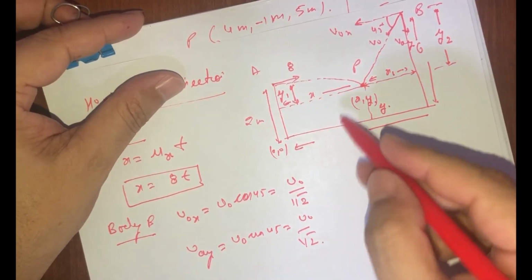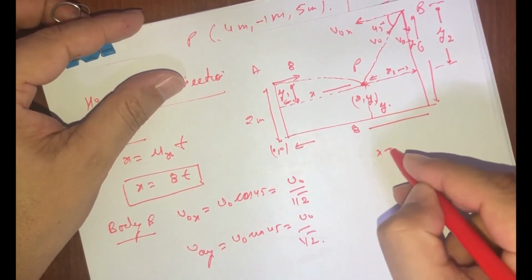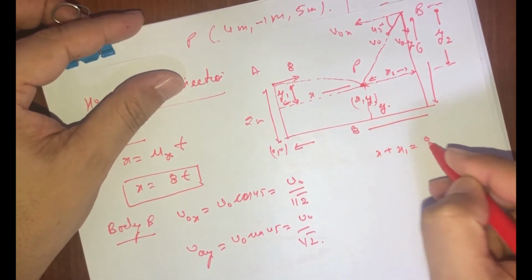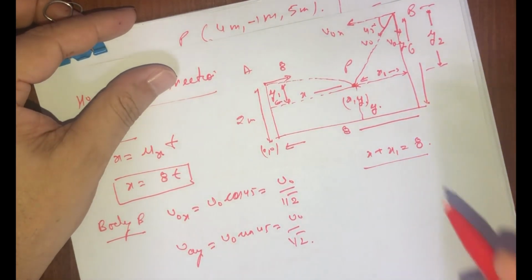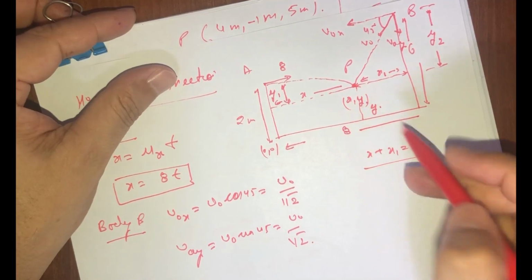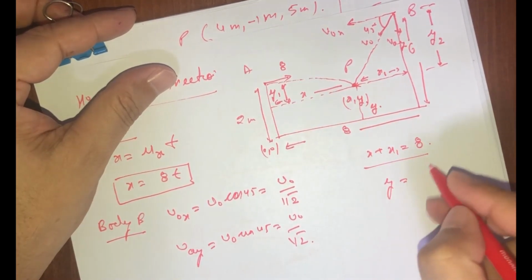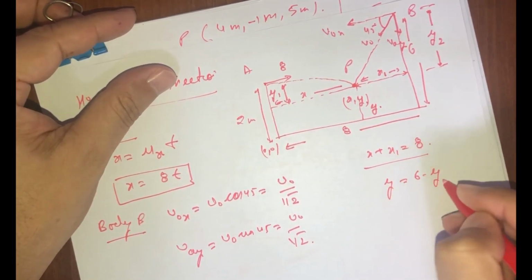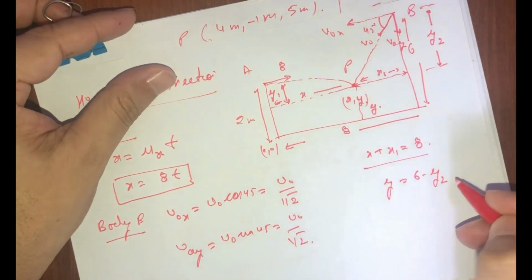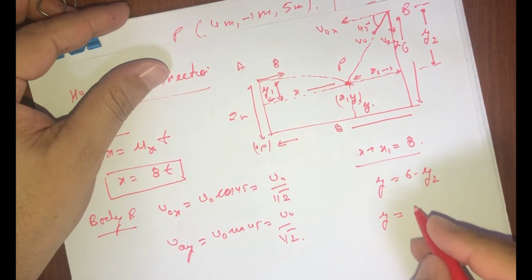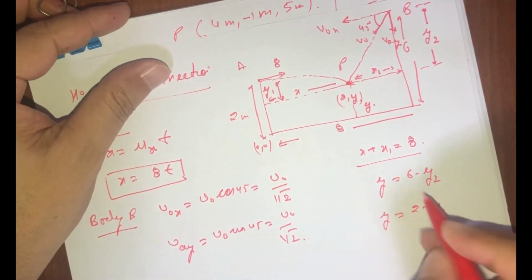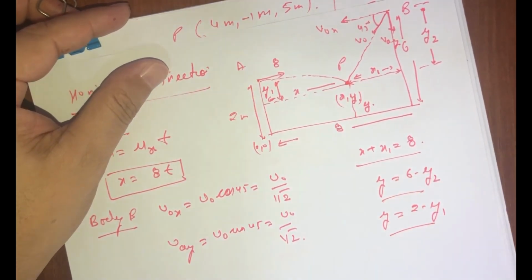From the figure we can also say that x plus x1 is equal to 8. y will be equal to 6 minus y2, and y can also be written as 2 minus y1. So we are going to use these equations later on also.